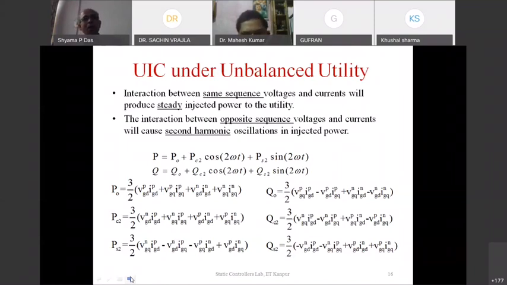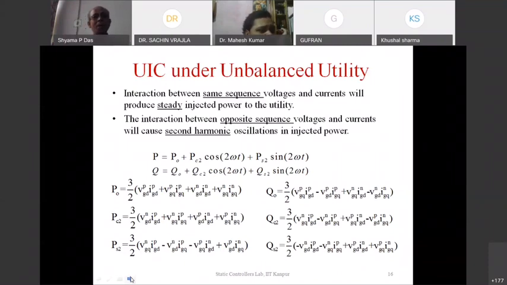So when we have interaction between the same sequence voltage and same sequence current, that will produce a steady injected power to the utility. It means positive sequence voltage interacting with positive sequence current, or negative sequence voltage interacting with negative sequence current, will lead to steady power because they are the same sequence component.